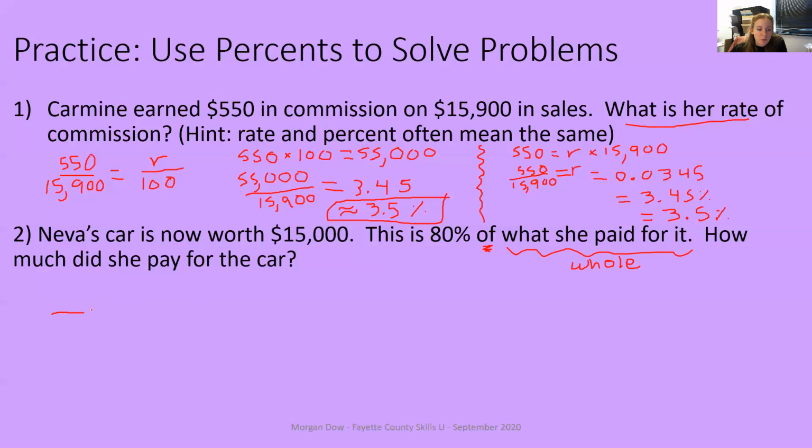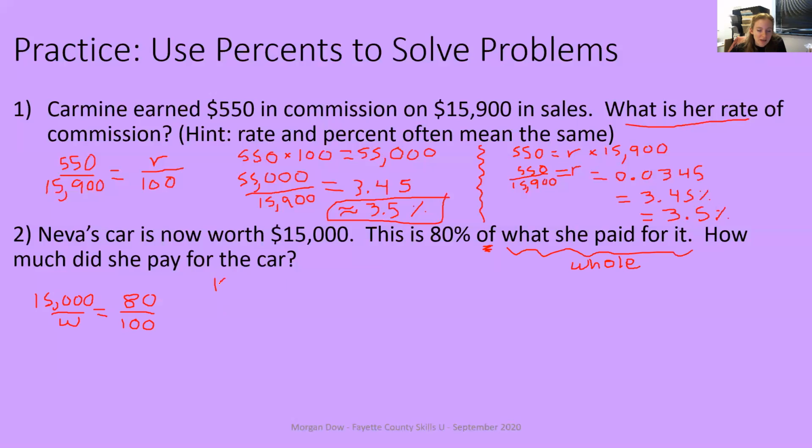So I'm going to set up a proportion. The whole is missing, so I'll just put a W there. The part will be the 15,000. And then the percent is 80. And now we solve.